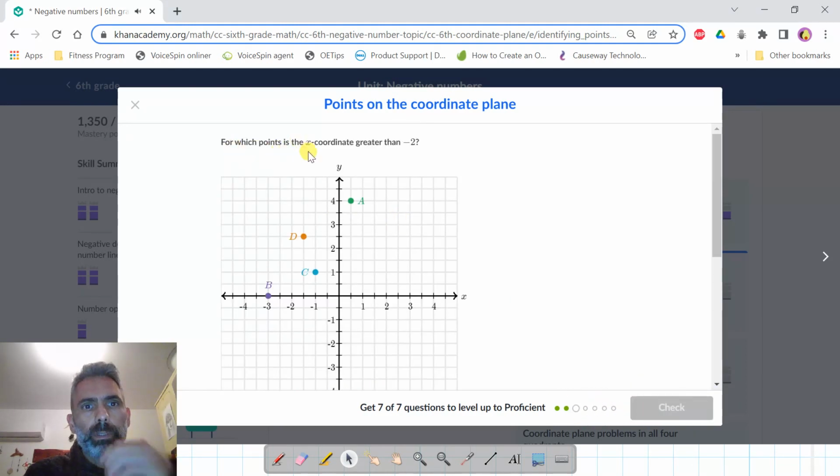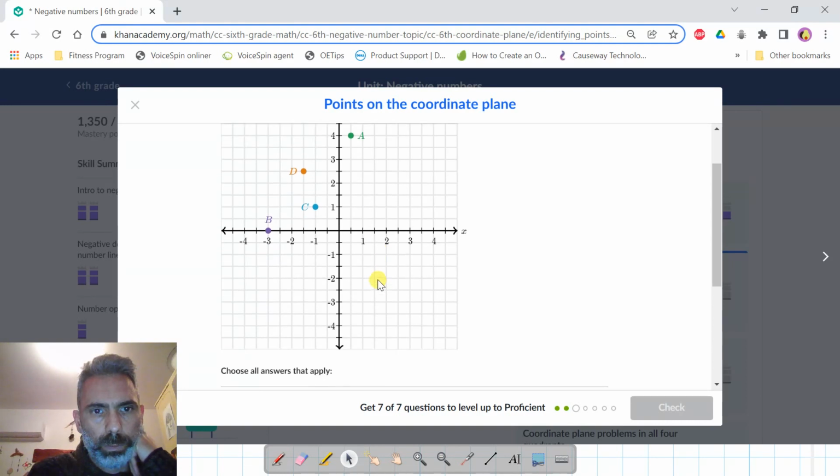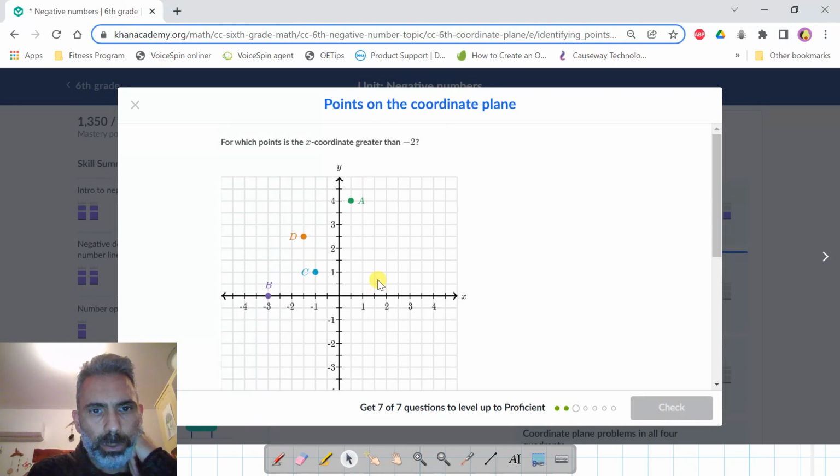For which points is the x-coordinate greater than -2? So the only point which is to the left of -2 on the x is B. C, D, and A are all to the right of -2 on the x-axis.